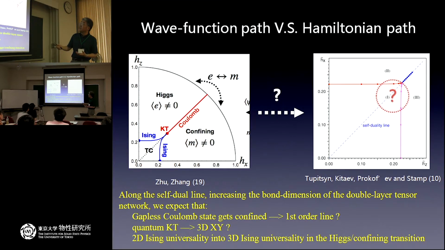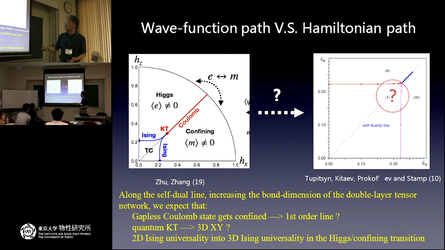As I said, in the present result, those three continuum phase transition lines are described by 2+0 quantum field theory. But in the Hamiltonian approach, these two Ising transition lines are three-dimensional lines, not two-dimensional lines.